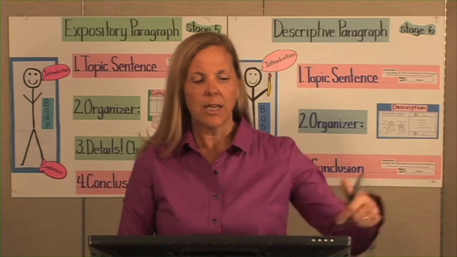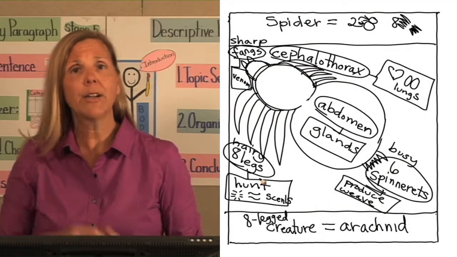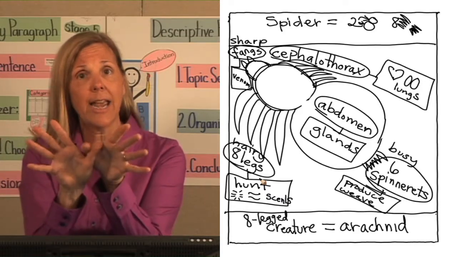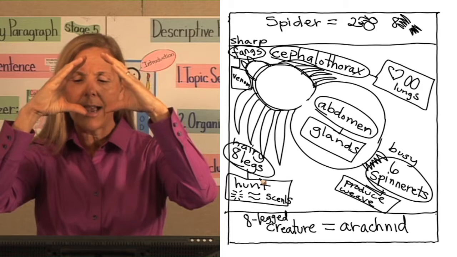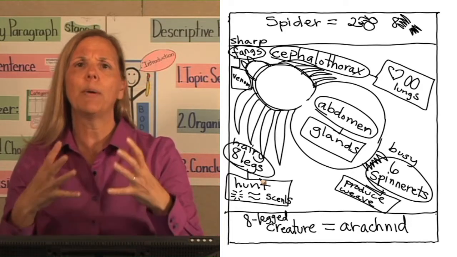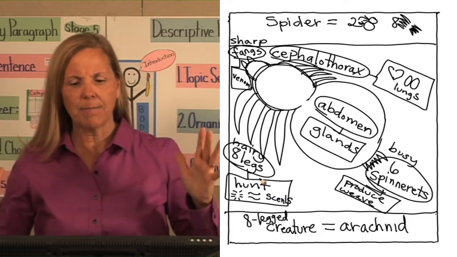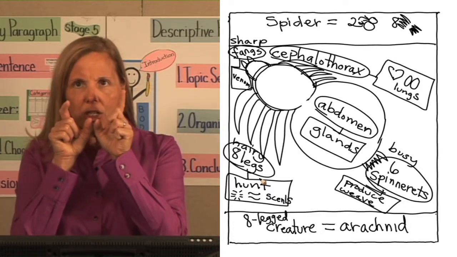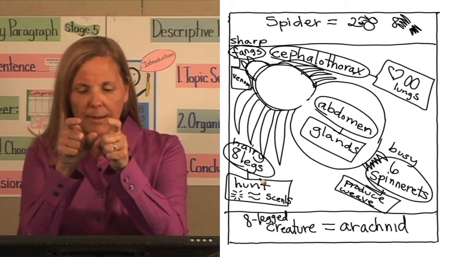So in this case, we would listen to the students and they would be able to say, a spider has 2 body parts and 8 legs. On the top of its body is the cephalothorax, which houses the lungs and heart to help it breathe and carry oxygen and blood throughout its body. The sharp fangs are at the top of the cephalothorax, carrying venom to poison its prey.